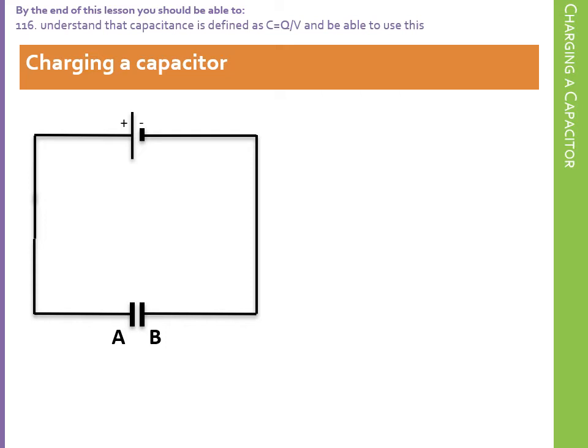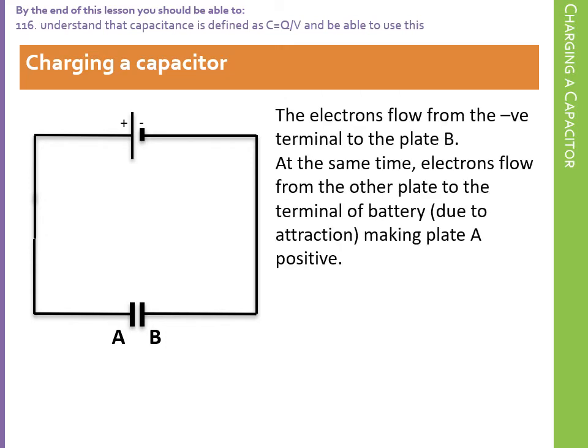You can see the A and B terminals are the two metal plates of the capacitor, and they are connected to the battery. So when the electrons flow from the negative terminal to plate B, as you know, the conventional current direction is from positive to negative, but actually electrons flow from the negative terminal of the battery.